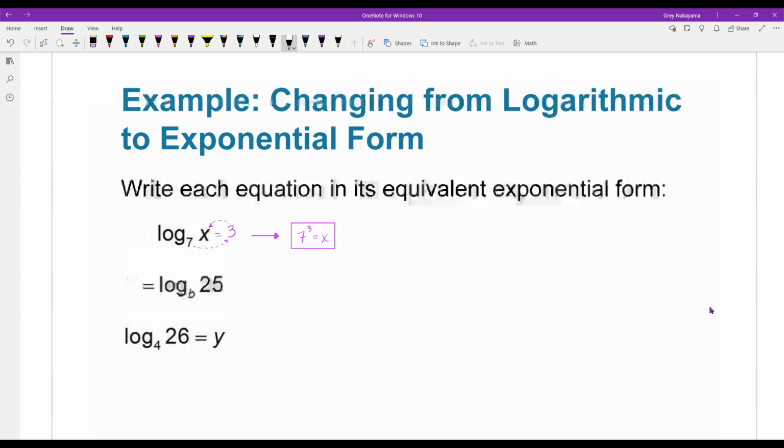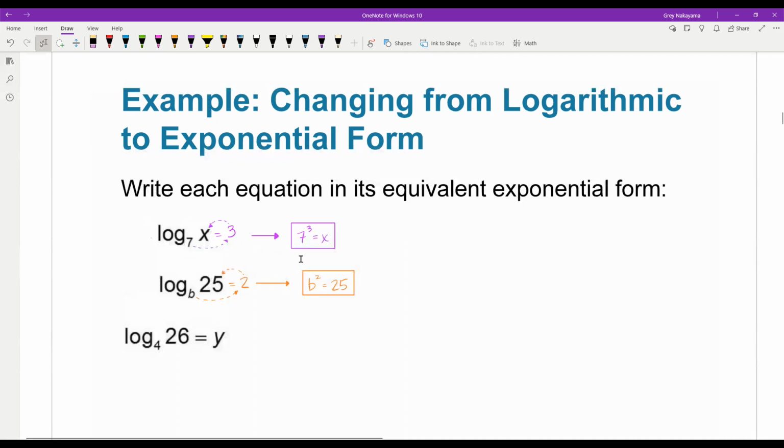Again, I'm going to take the 2 and move it over here, and start at the base. That 2 is the exponent, so b squared is 25. The exponent in my exponential is the log.